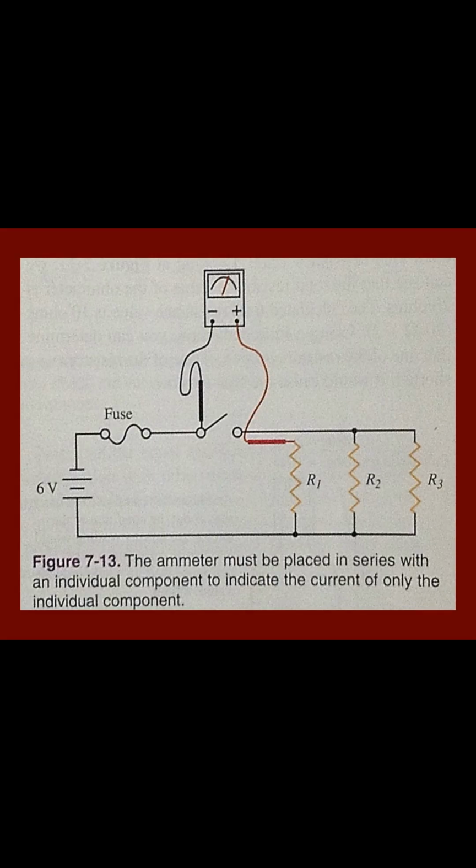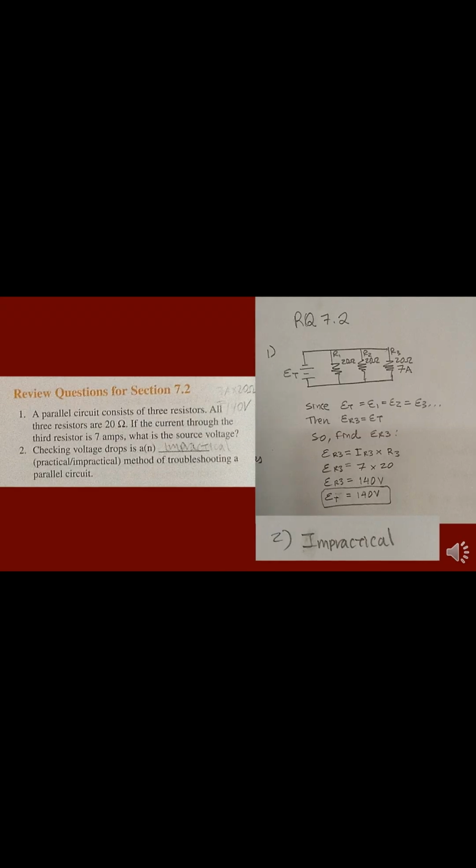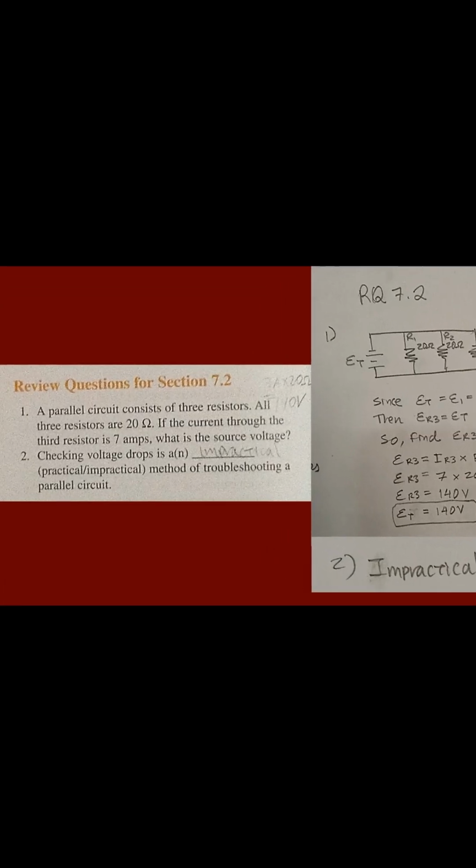In addition, desoldering components can damage them, giving the technician an even more difficult troubleshooting problem. The technician may believe the problem has been located and corrected only to find another defective component. Unfortunately, the additional defective component may have been damaged while desoldering the component in order to obtain a meter reading.